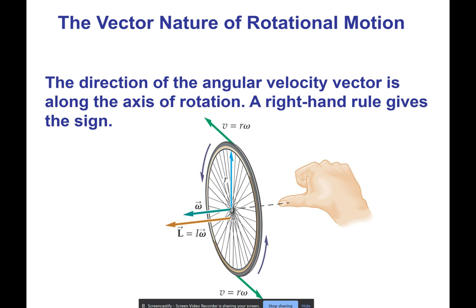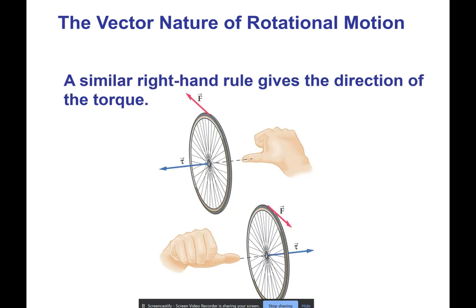That is the direction your angular momentum and your angular velocity are going to go, but your tangential velocity is going to go in the direction of your hand. That kind of helps you there. You can do the same thing for torque too. If you put your fingers in the direction of the force, the direction your thumb points is the direction the torque is going.